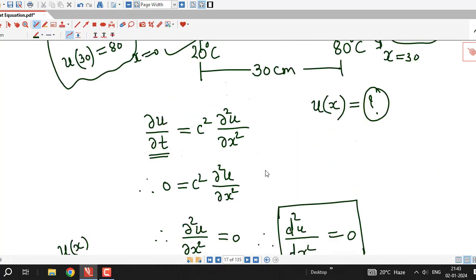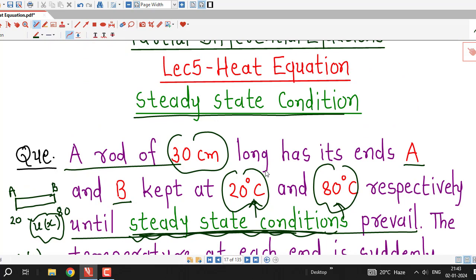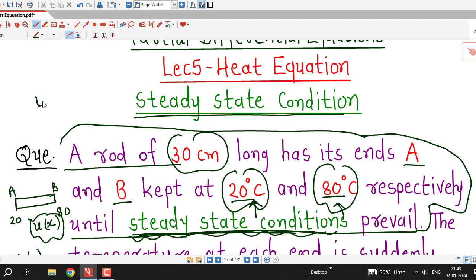So far I have used only the first part, that a rod of 30 cm length has its ends A and B kept at 20 and 80 degrees Celsius respectively until steady state conditions prevail. Using this portion, I am able to decide my initial condition u(x,0), which I have obtained as 20 plus 2x, and this condition satisfies these two boundary conditions.